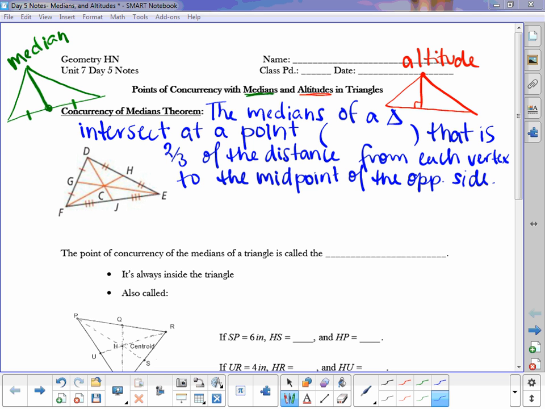Whatever that point is called, it is 2/3 the distance from each vertex to the midpoint of the opposite side.